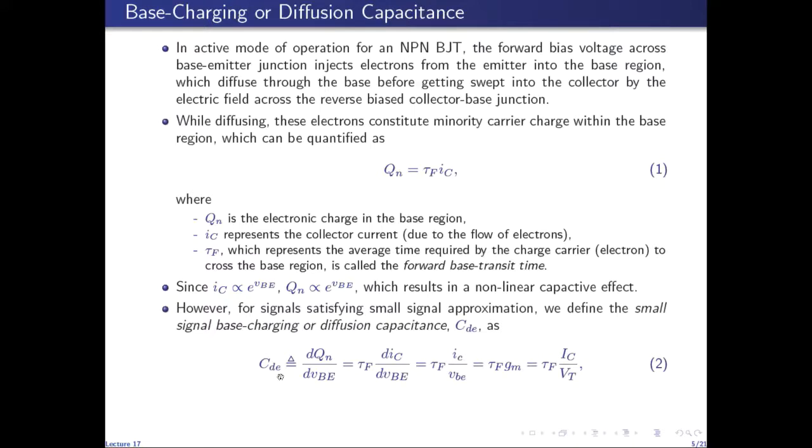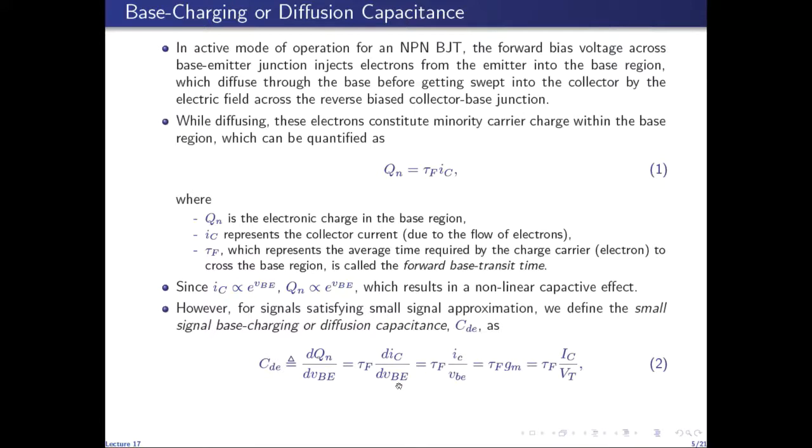So the diffusion capacitance is defined as the rate of change of charge with respect to the base emitter voltage. So putting the value of charge from 1 in here, we see that CDE is given by the rate of change of collector current with respect to the base to emitter voltage.